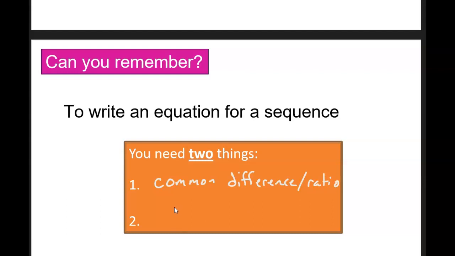And then what's the other thing we need? We need the value at step 0. So once we have those two pieces of information, we can use the general form of the equation and write the equation for the sequence.